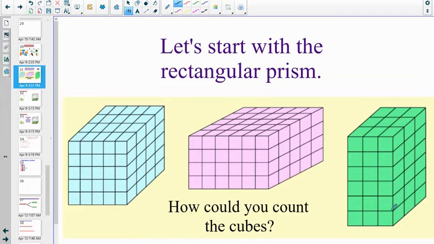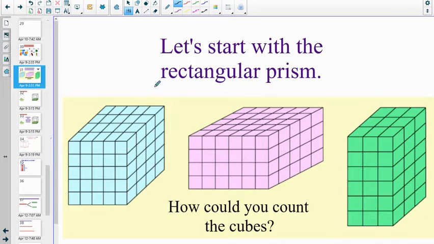And then this shape over here, I've got 3 layers this way, I've got 6 layers this way, and then 3 more layers that way. So 3 times 6 is 18, and then times 3 again. Let's see, 18 times 3 must be 54, 54 unit cubes in this shape.